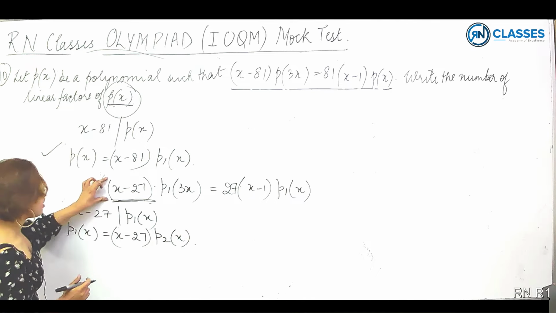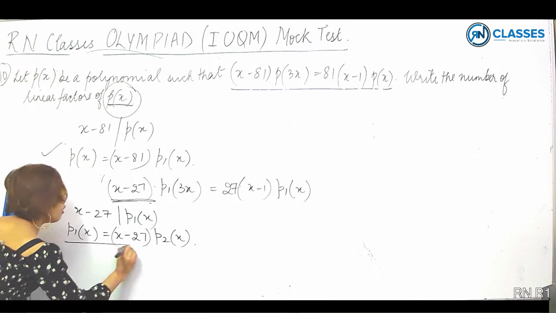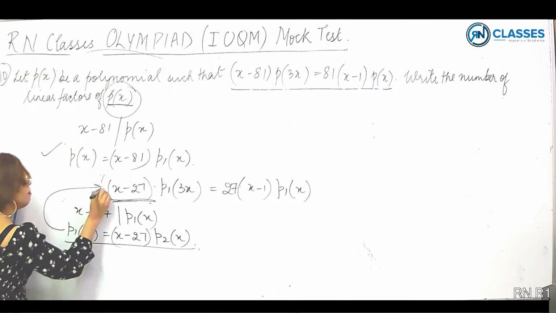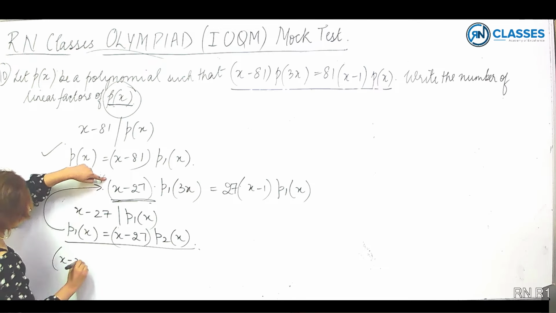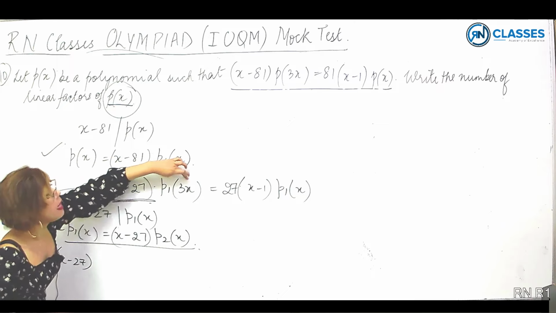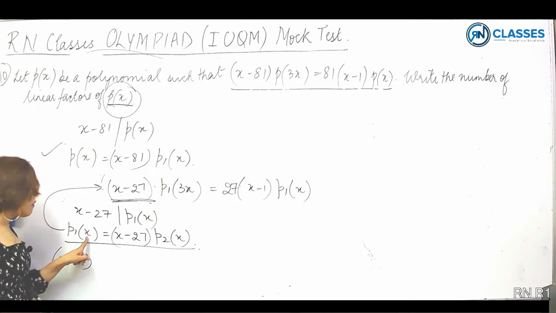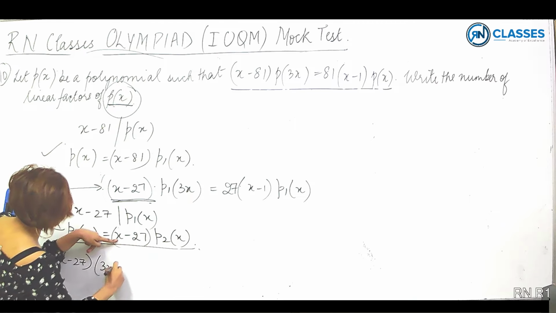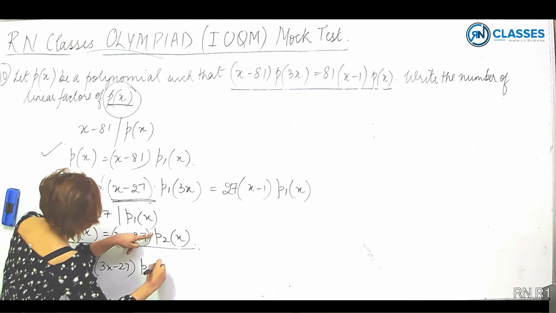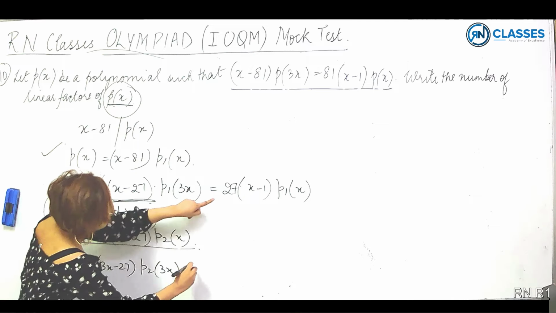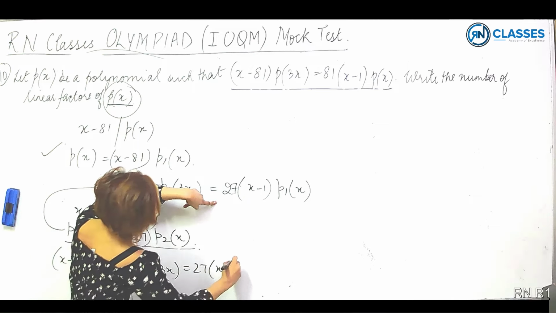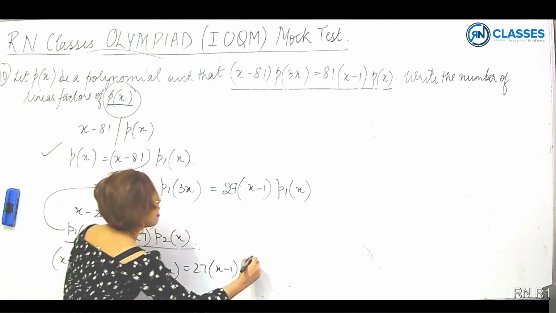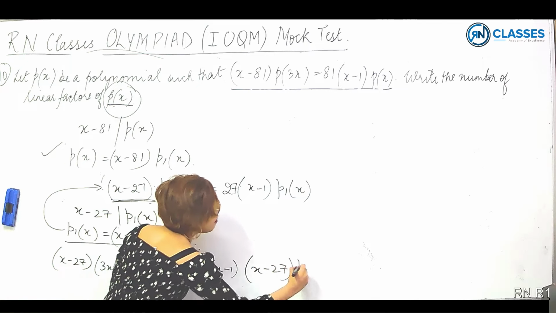Right? Now, this relation was given, so substitute this value of P1 of x over here. So, x minus 27 as it is into P1 of 3x, instead of x, write 3x. So, this is 3x minus 27 into P2 of 3x equal to 27 into x minus 1 as it is into P1 of x, which is this one, x minus 27 into P2 of x.